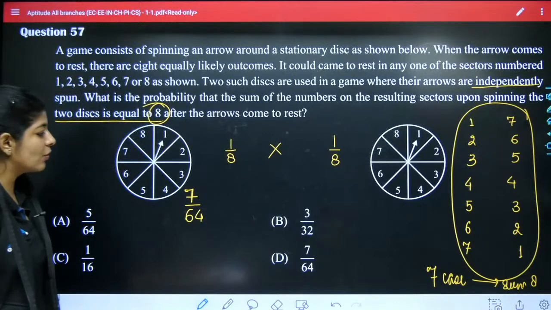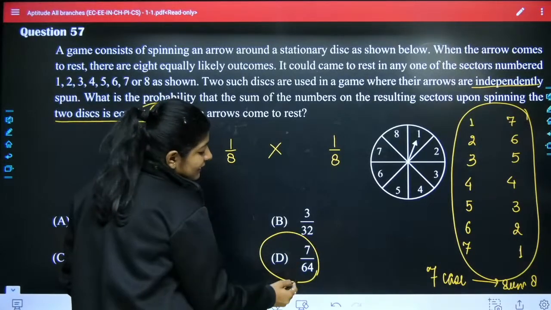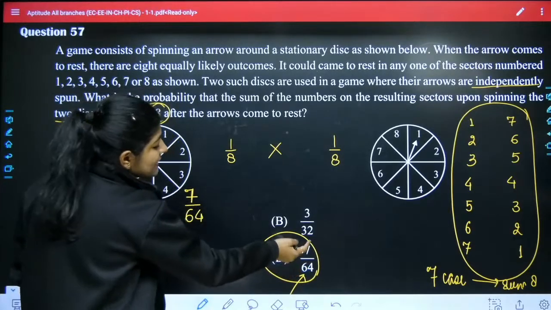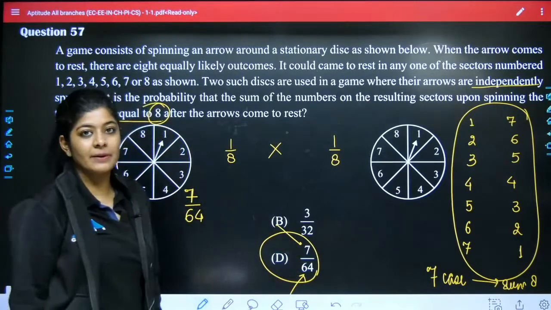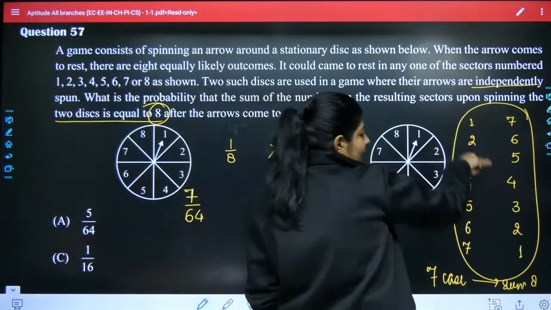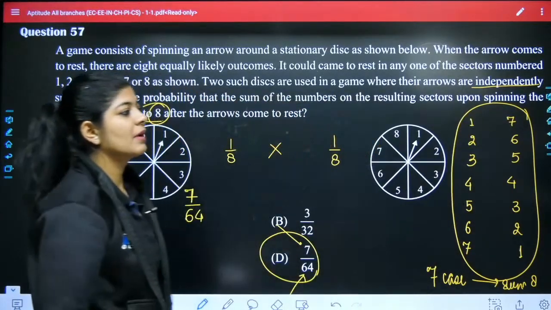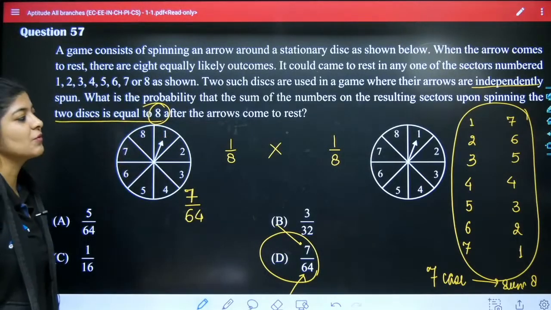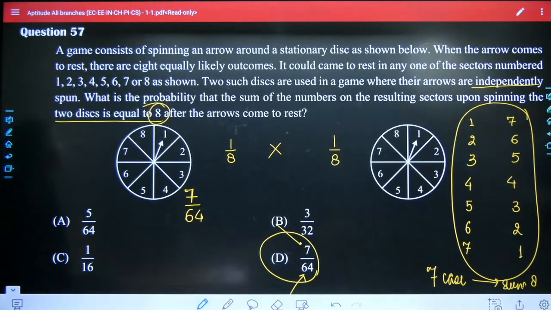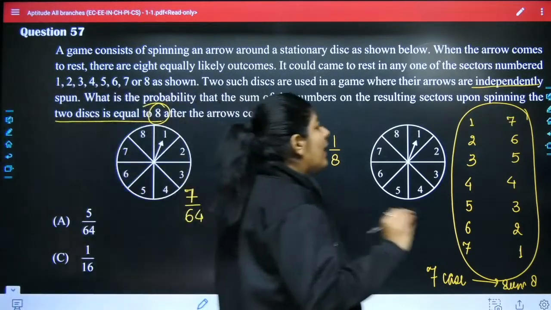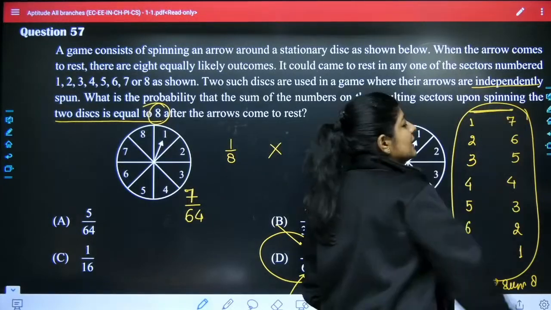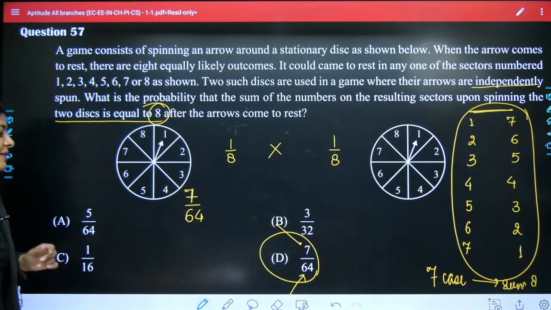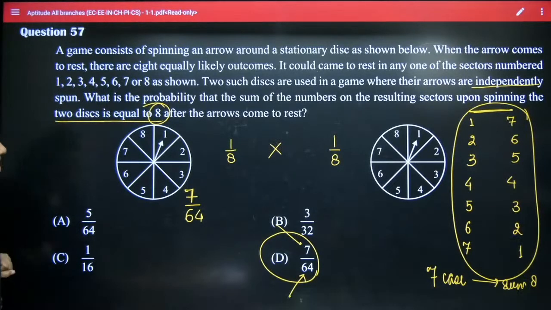Here 64 is the total number of cases, and 7 is our number of favorable outcomes. The correct answer is 7 by 64. This is a very easy question. You only need to take care while making these possible favorable cases, and after that you can easily calculate the answer. The correct answer is option D, that is 7 by 64.